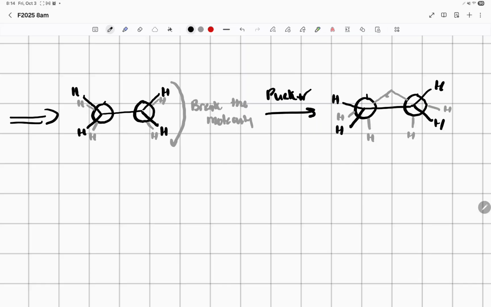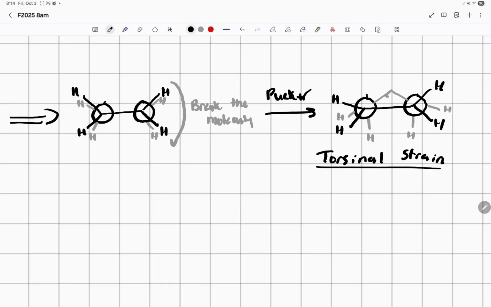Now, what we call this type of tension is torsional strain. So torsional strain is what we refer to as the inherent strain, the inherent eclipsing interactions of any ringed molecule.